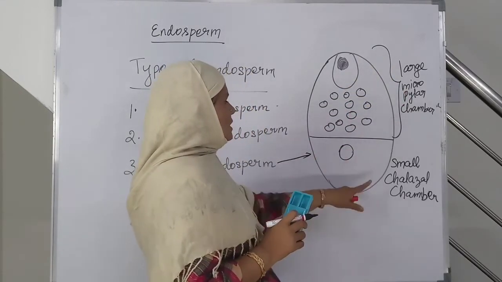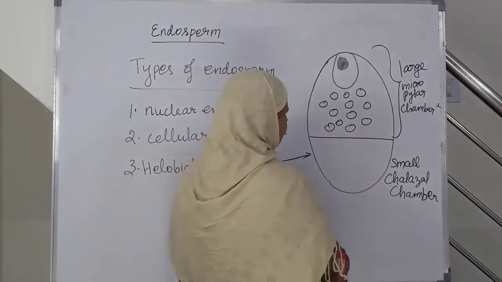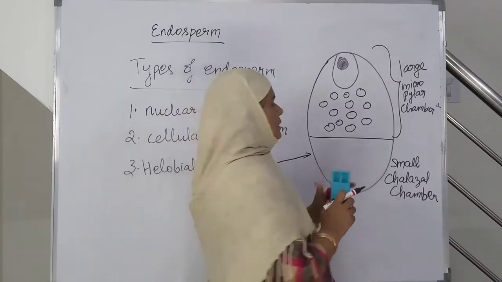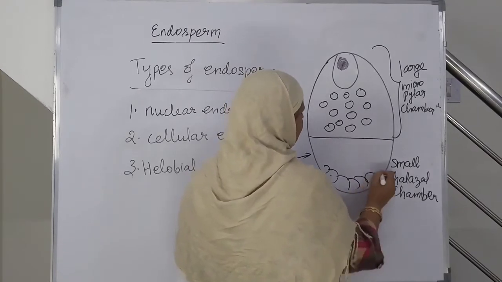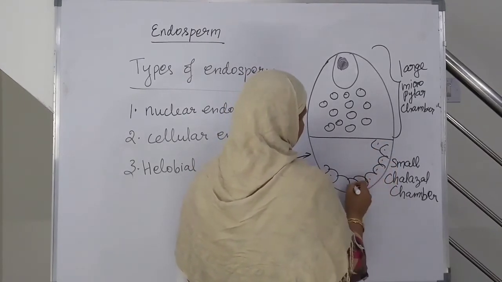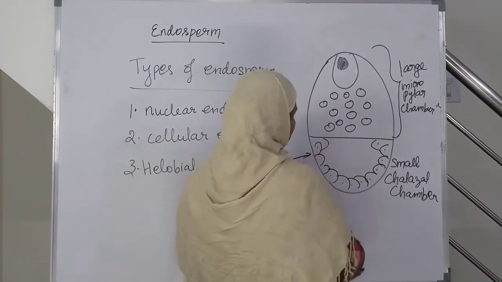In the small chalazal chamber, the nuclei which exist here may divide or may not divide. When it divides, the structure will be like this. So this is a large chamber and this is the smaller one.